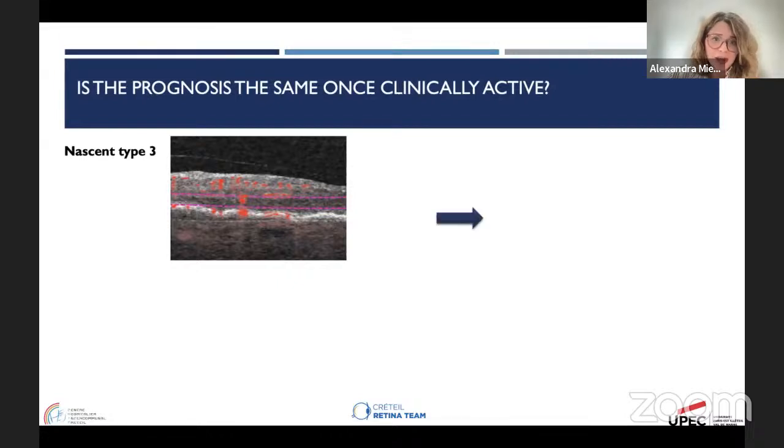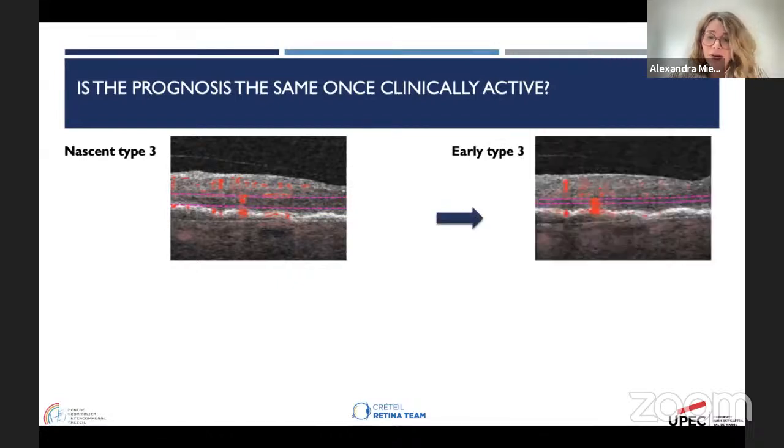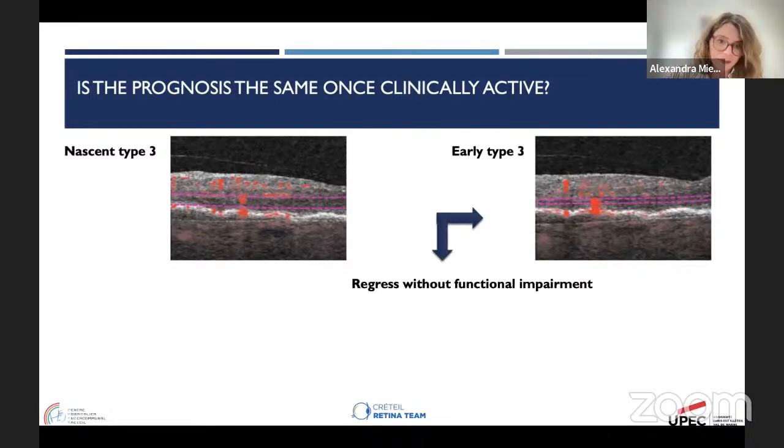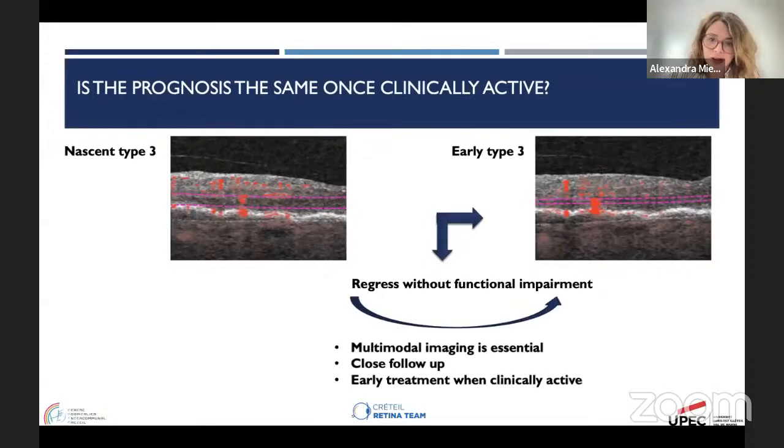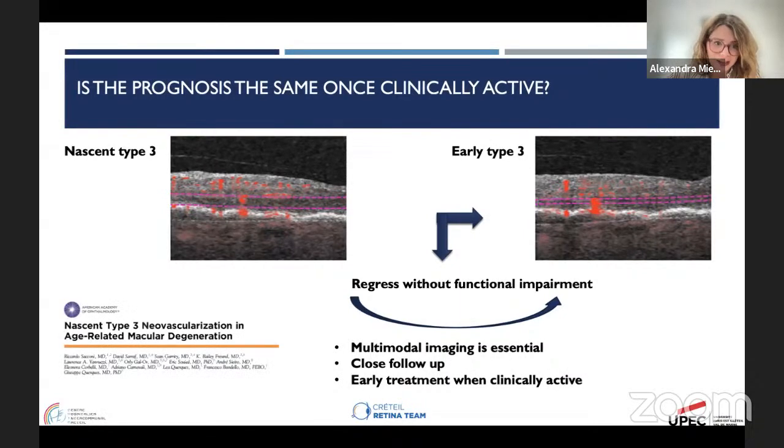In nascent type 3 macular neovascularization, we have either a progression towards early type 3, so the patient has to be followed up quite regularly, or we might have a regression without functional impairment. So multimodal imaging in these patients is really essential. We have to perform a close follow-up and early treatment when the lesion becomes clinically active.